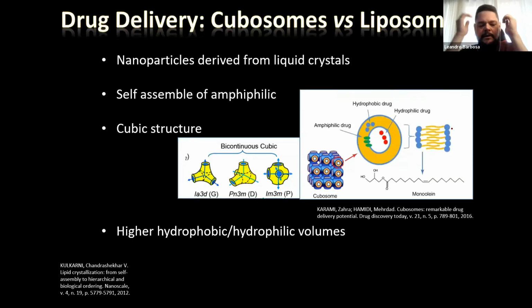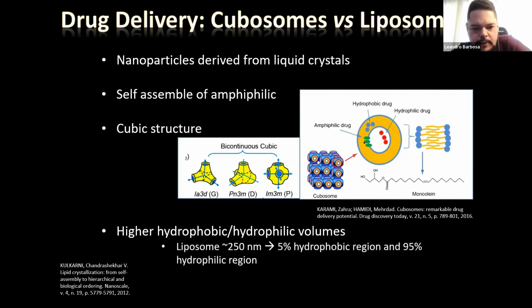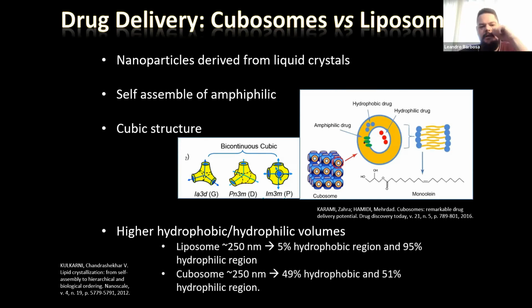And what is the advantage of cubosome as compared to the liposome? In the liposome, which of course is not to scale, if you take, for example, two structures, the liposome and a cubosome, both of them are more or less 250 nanometers in diameter. In the liposome, you have 5% of hydrophobic volume and 95% of hydrophilic volume.